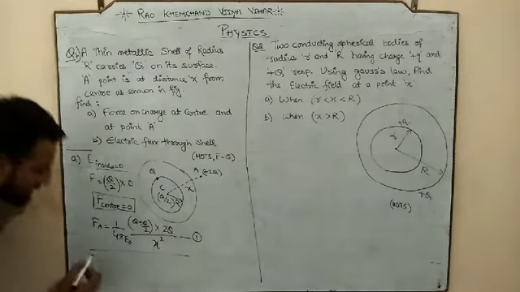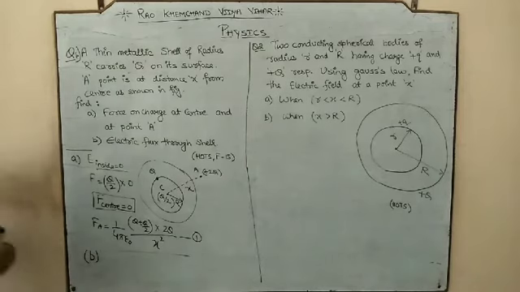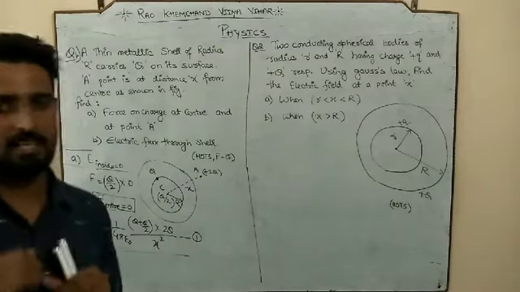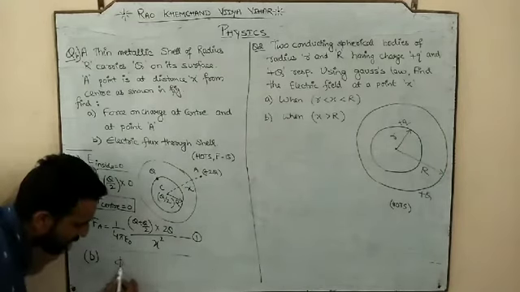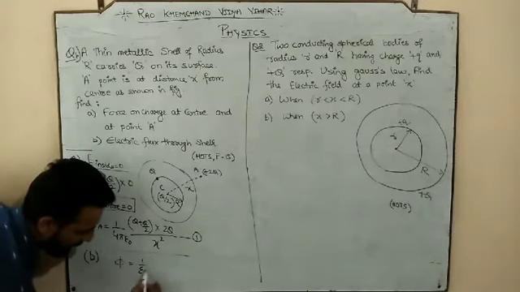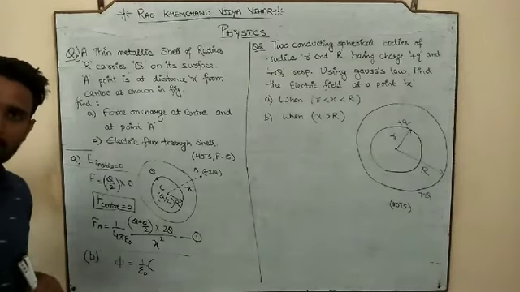What is the B part he is asking? In the B part he is asking the electric flux through the shell. You have to calculate the electric flux through the shell. So according to Gauss's law, electric flux is 1 by epsilon naught times the total charge enclosed by the shell.